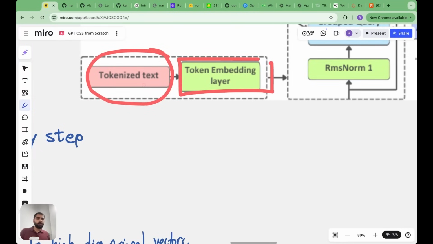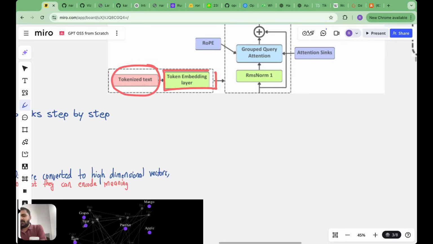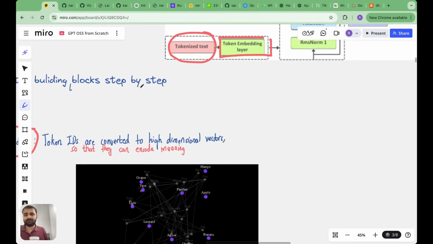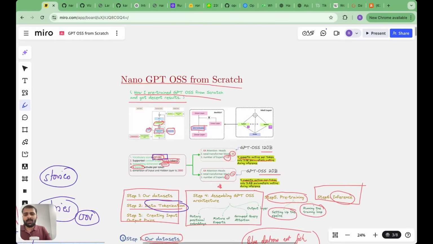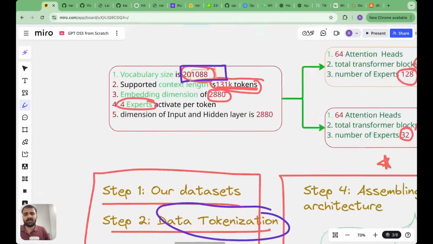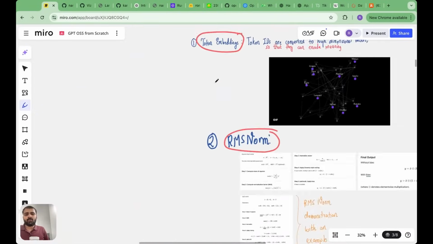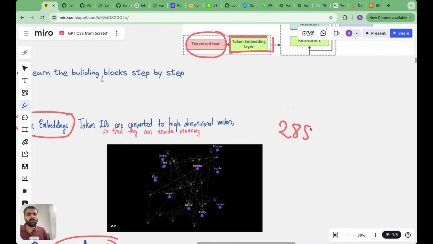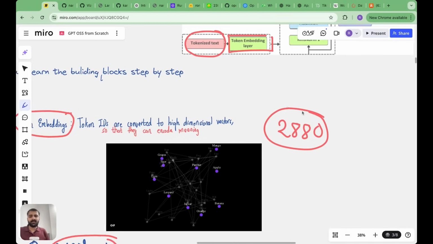Then we hope those parameters are optimized, and words which carry similar meaning will lie closer to each other. When you design an embedding layer like this, you have to decide the embedding dimension. The GPT-OSS architecture used an embedding dimension of 2880. They took the token IDs and converted them into a 2880 dimensional vector space.